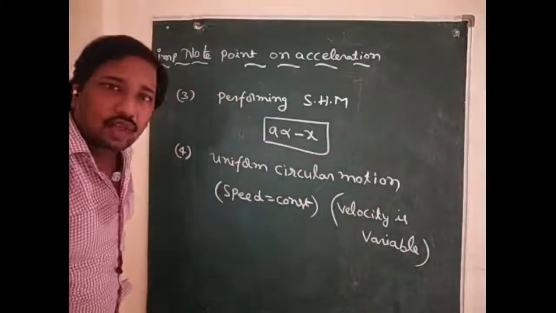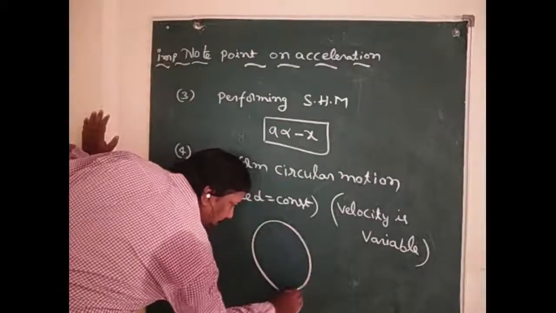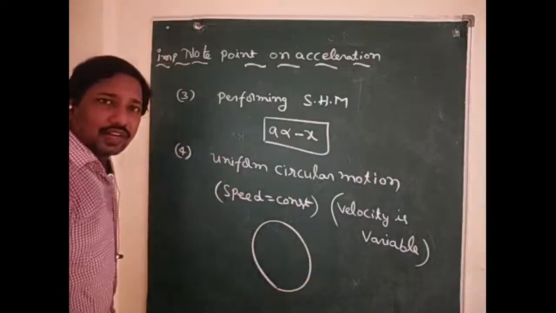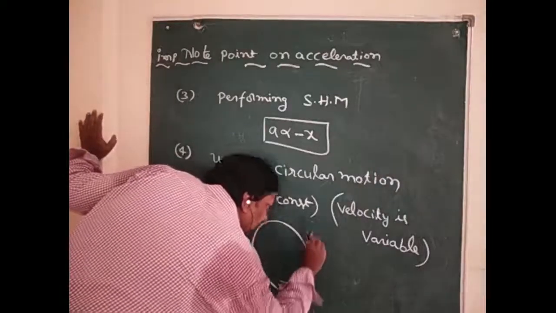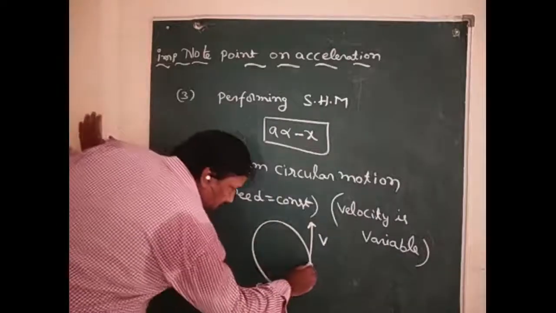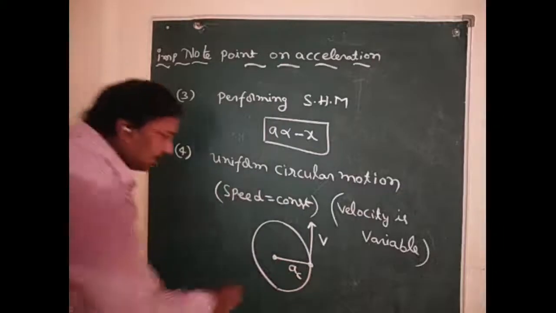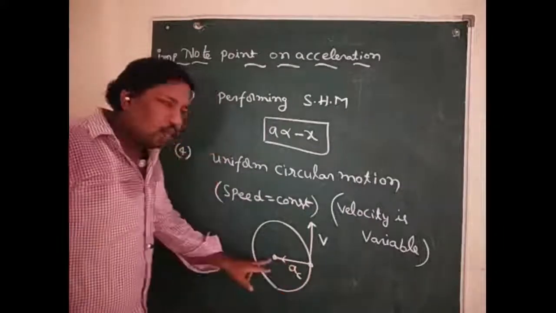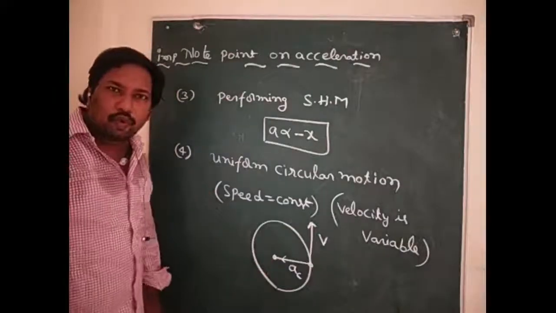The direction of velocity and acceleration are perpendicular to each other. Its velocity is in the tangential direction, but centripetal acceleration is along the direction towards the center of the circle. So this is point number 4.